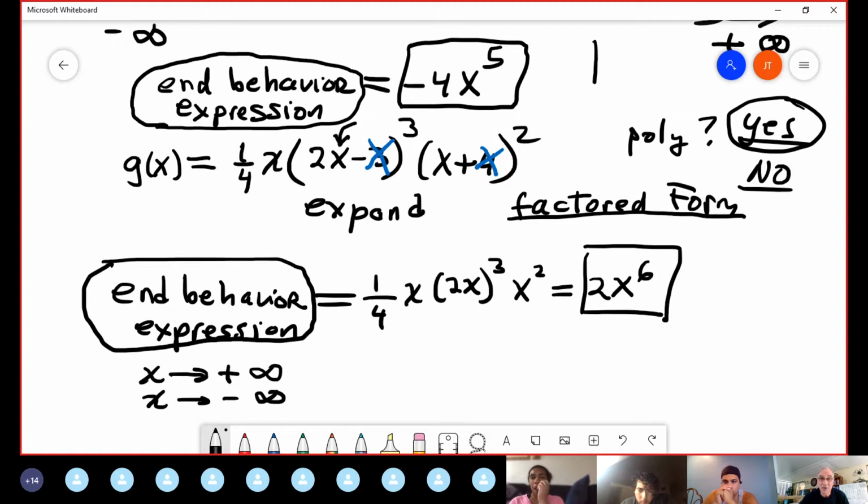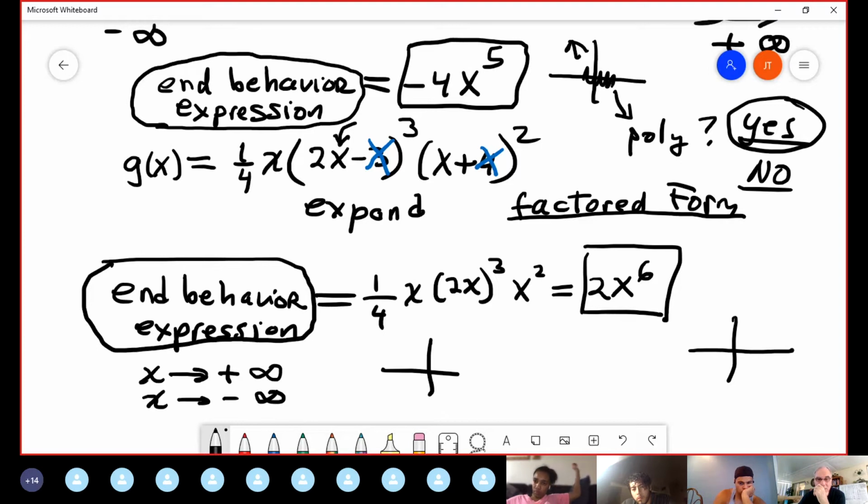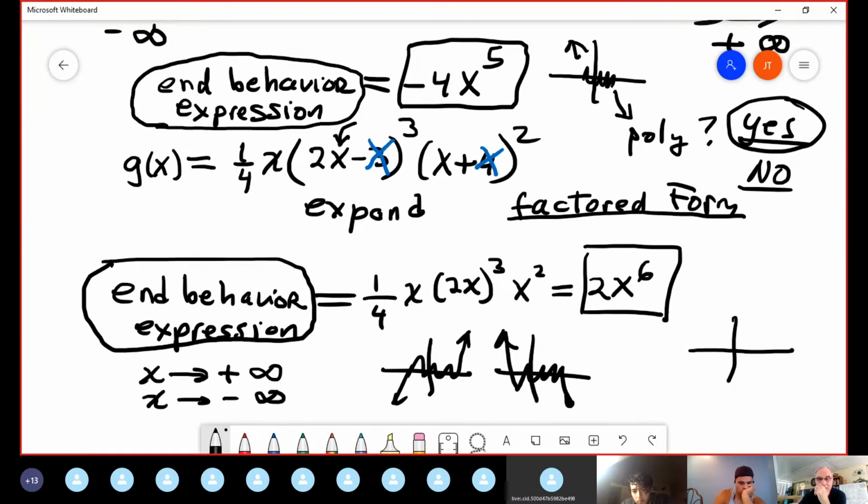End behavior helps me understand a little bit how my graph looks. In this case, the end behavior is 5. I don't know exactly what happens in the middle, but I know the end behavior. Remember, when the degree is odd, the polynomial graph will look like this or like this.